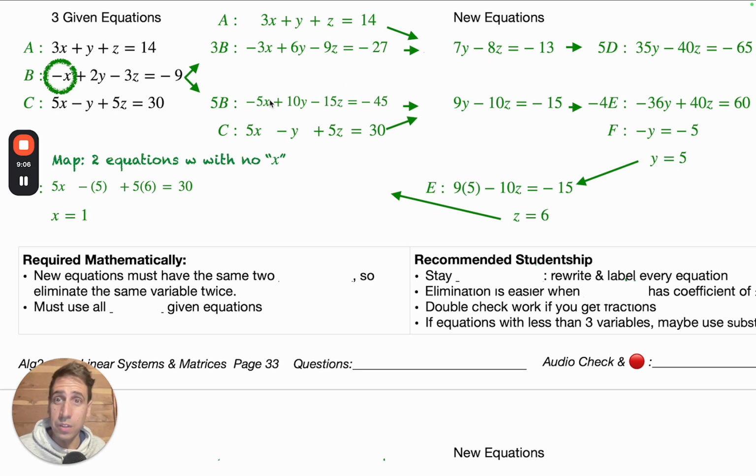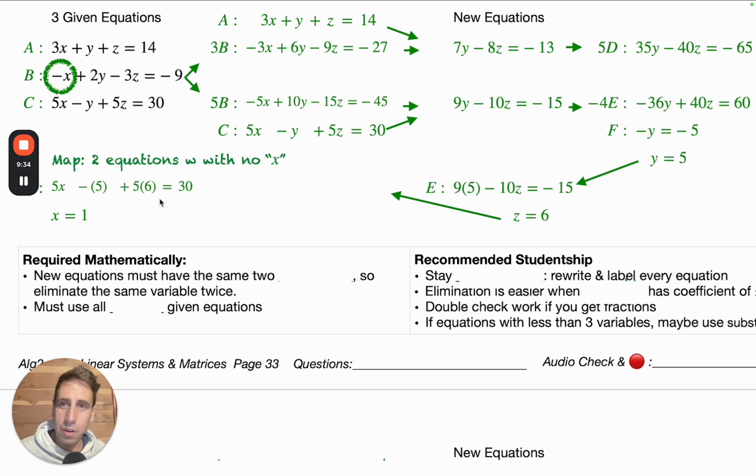When you add these two equations together, you get something that has no x. And then I used all the techniques that I remembered from last lesson to solve these two. It was kind of difficult. I had to get a negative 40z and a positive 40z. But when I add these two together, the z's eliminate, and I know what y is. I use that to find z, and I use that to find x. Wow, that's a long process.